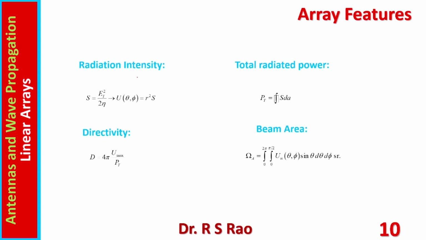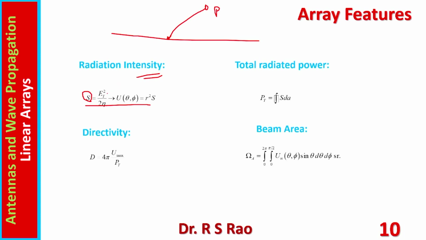Radiation intensity of an array can be found from the sequence shown here. First, we have to find out power density. S stands for power density, the power crossing unit cross-sectional area. It is equal to Et square by 2 eta. Et is the radiation field intensity at a field point P. An expression for Et has been given in a previous session, so it is available.